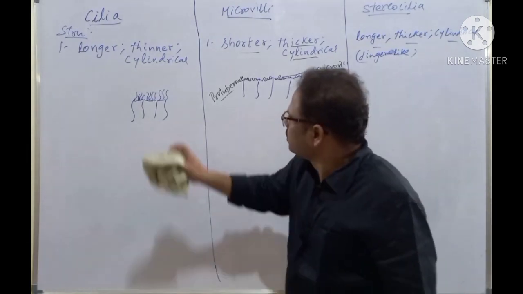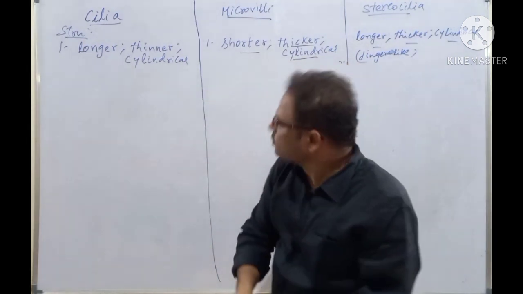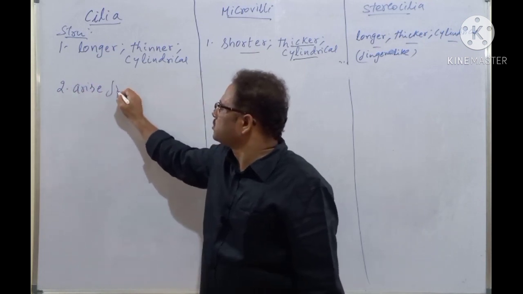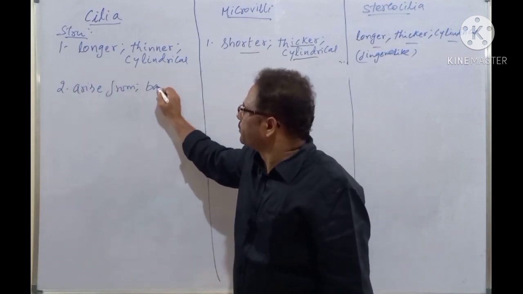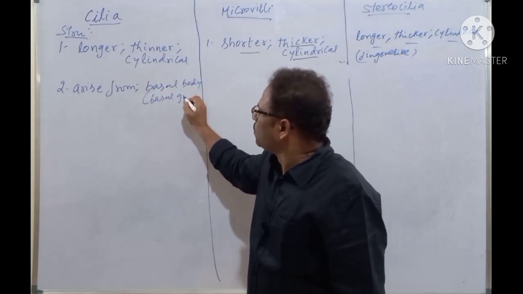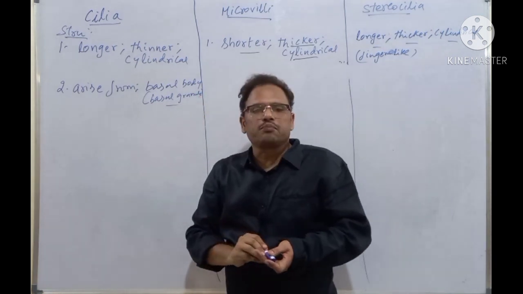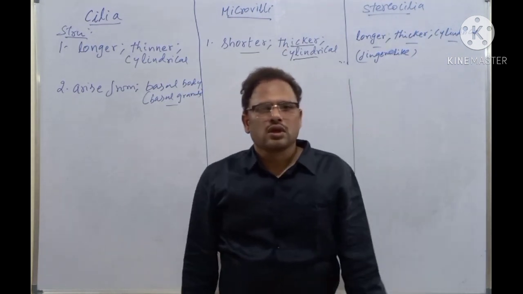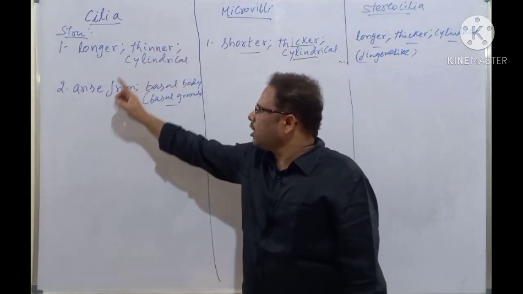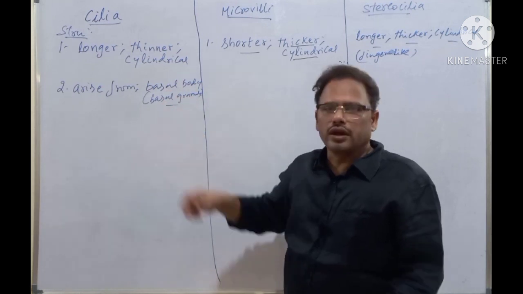And the next one: cilia arise from the basal body, also called the basal granule. What is a basal body or basal granule? Just like a plant arises from the roots and the hair arises from the hair follicle, in the same way the cilia arise from the structure called the basal body or basal granule. Clear?